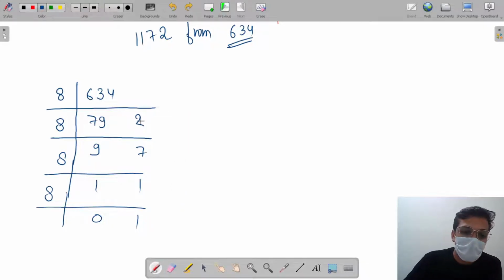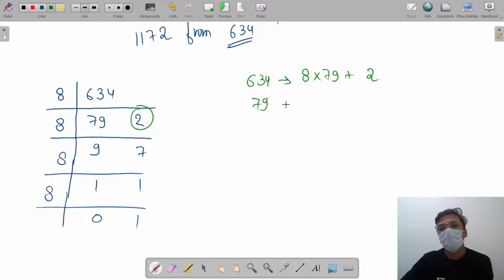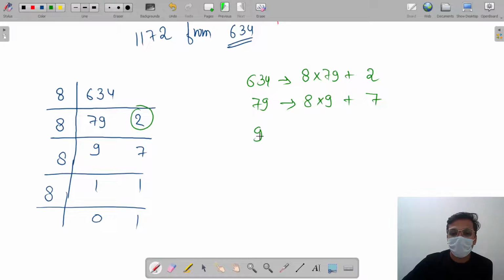So this 634 can be written as 8 into 79 plus this remainder 2. Similarly, this 79 can be written as 8 into 9 plus 7. Similarly, this 9 can be written as 8 into 1 plus 1.